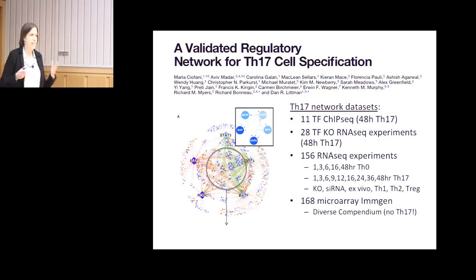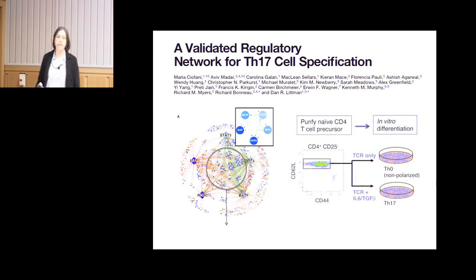And a project of this scale was really possible because Th17 cells had been studied to the extent that we knew the conditions for developing Th17 cells in vitro in tissue culture.